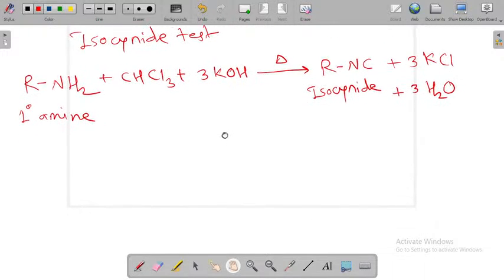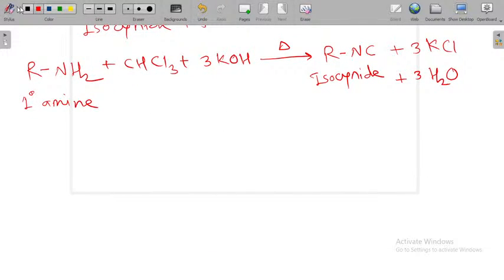The reaction can also be shown by aromatic compounds. Suppose I have taken aniline. It is a primary aromatic amine because the NH2 group is there and the benzene ring is attached.